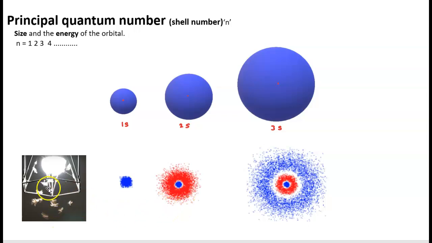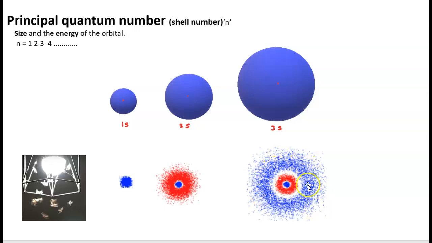Electron movement is like a moth, when you switch on the light, the moths move around this light. In the same way, the electrons have a very random movement around the nucleus. In the 3s orbital also you can see the dot density is more here.